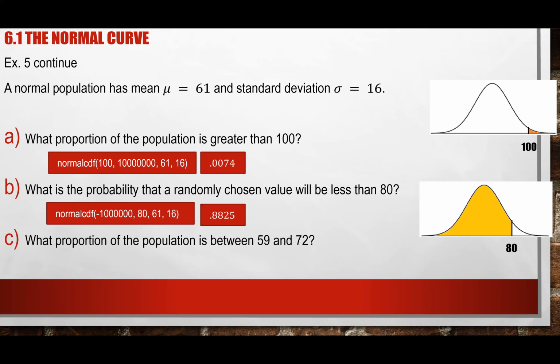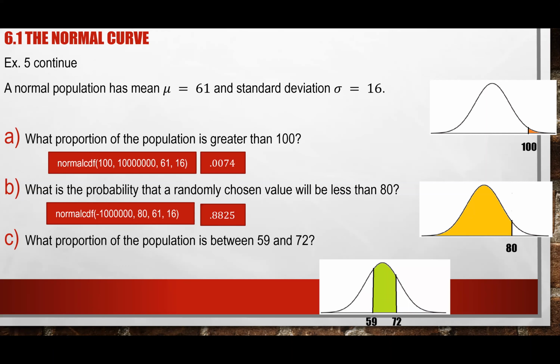And if you're looking for C, how do we sketch this? There's no sugar coating. If they ask you in between, that's it. We're looking for the area in between, which is where I shaded. I shade the item in between. So what are the two values? 59 is the smaller number, 72 is the upper limit.